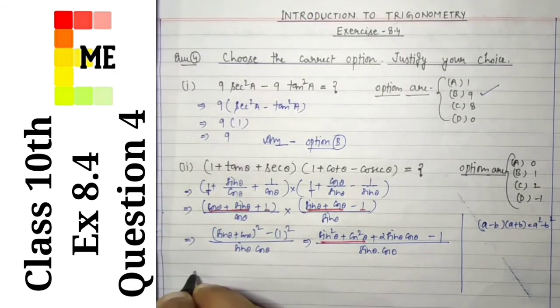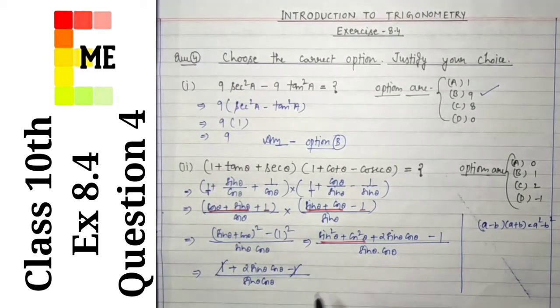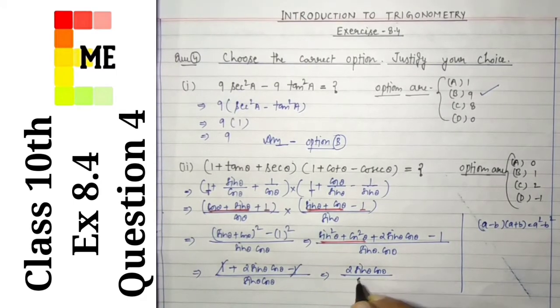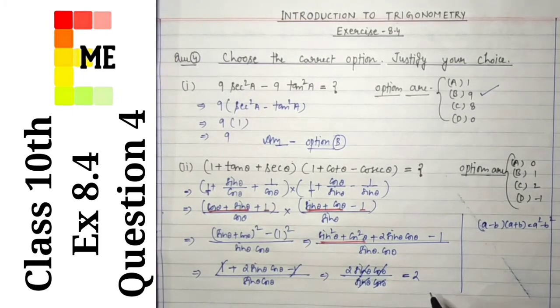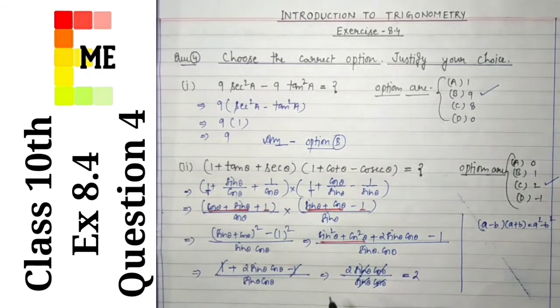Now this gives us 1 plus 2 sin theta cos theta minus 1 divided by sin theta cos theta. 1 minus 1 cancel. 2 sin theta cos theta divided by sin theta cos theta. Cos theta cancel, sin theta cancel. The answer is 2, and the option is C. So our answer is option C, which is 2.